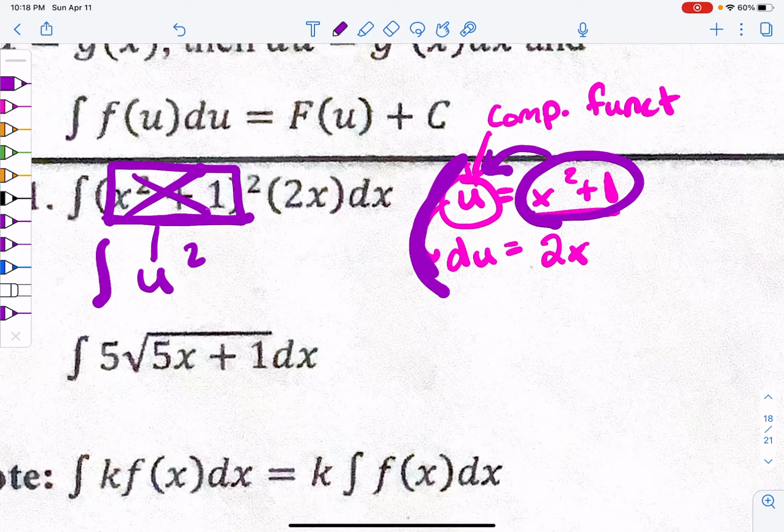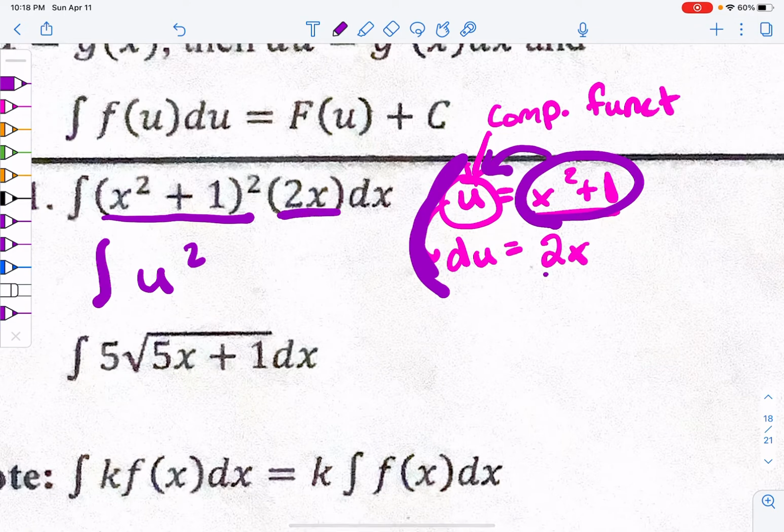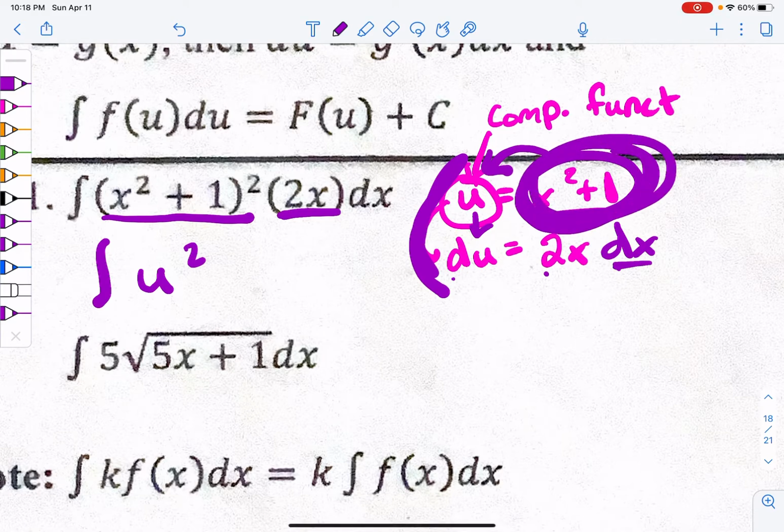Then 2x, wait, on the end of my du, I forgot. The derivative of u is du, and for x squared plus 1 that's 2x, but I also need a dx on the end there. What this does is tell me that I have taken the derivative of this thing with respect to x.